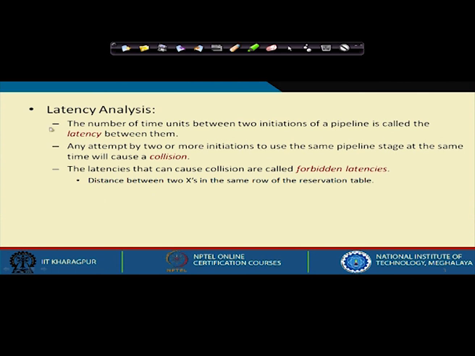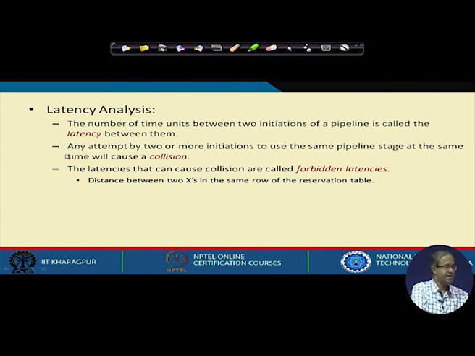Latency is basically defined as the number of time units or clock cycles between 2 successive initiations. For 2 inputs applied to the pipeline, what is the minimum number of time steps we need to give between them?